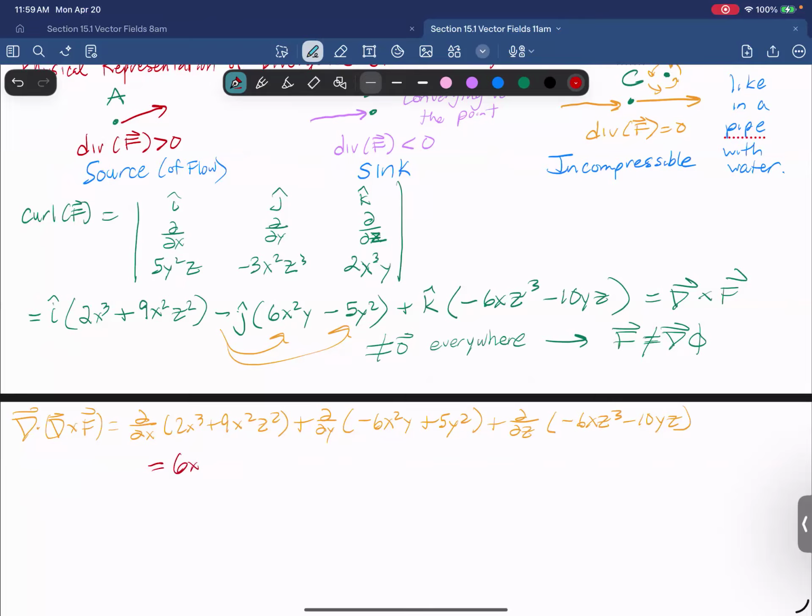We have 6x squared plus 18xz squared. Then I have minus 6x squared plus 10y. And then I have minus 18xz squared minus 10y.